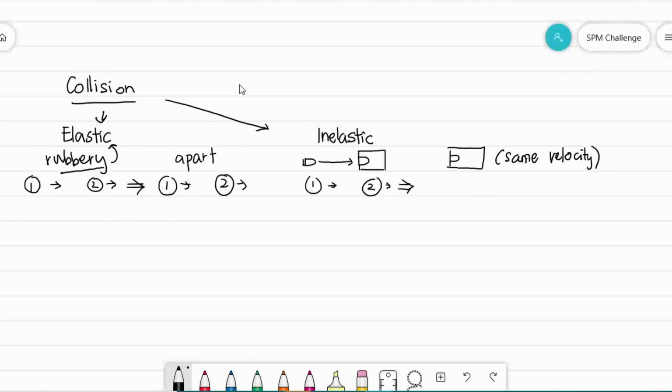So in this scenario, object 1 and object 2 are moving together. This is what we call an inelastic collision.